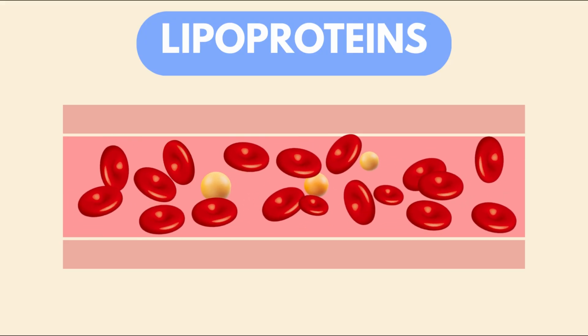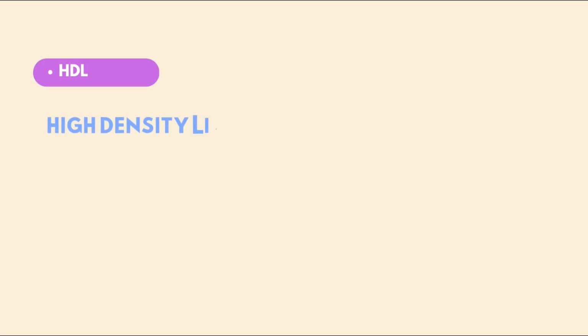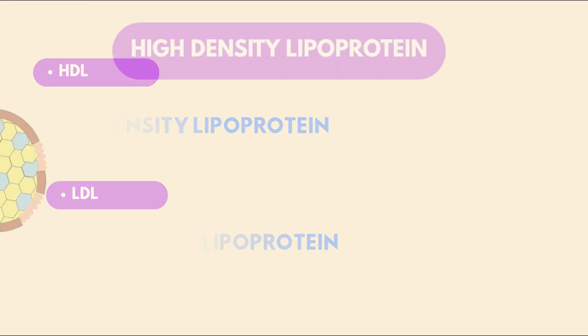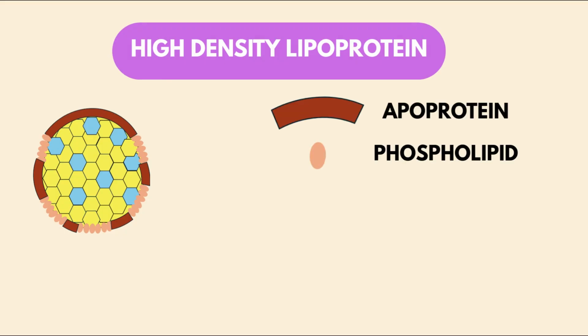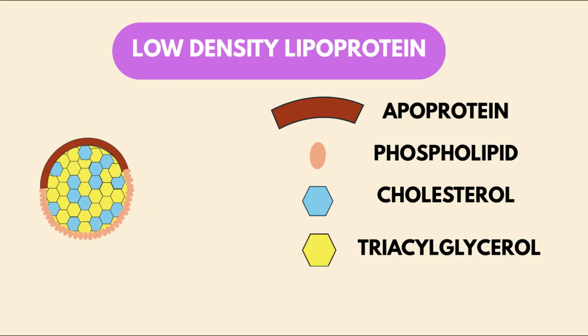If you look at lipoproteins, we can divide them into HDL and LDL. HDL means high density lipoproteins and LDL means low density lipoproteins. This structure here represents a lipoprotein: the apoprotein part, phospholipid, blue indicates cholesterol and yellow is triacylglycerol.